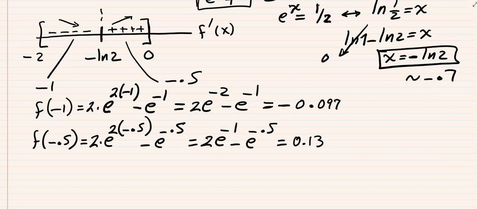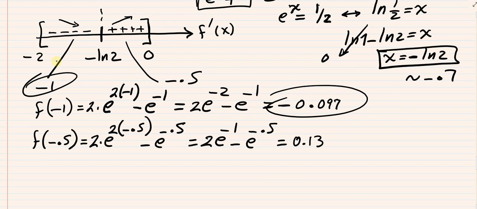I evaluated those on my calculator, and I came up with the sign chart on my first derivative here. My test point -1 yielded a negative number, so I have negative signs in that segment of the number line.